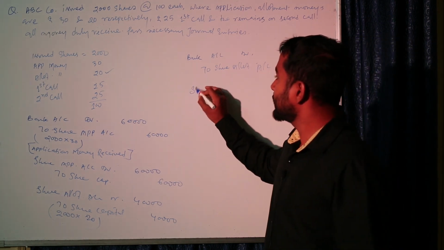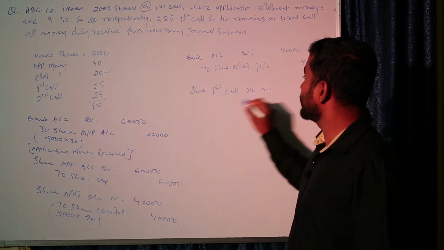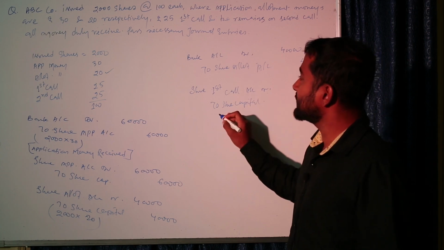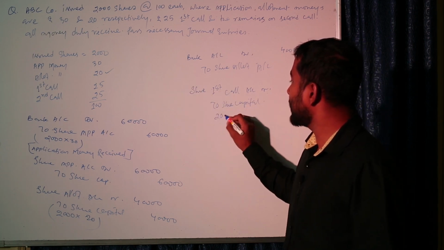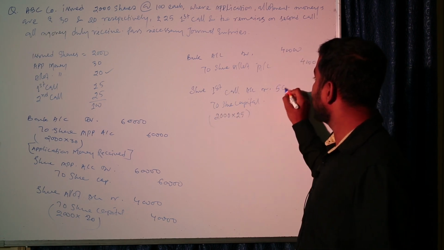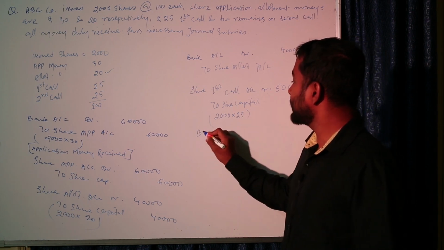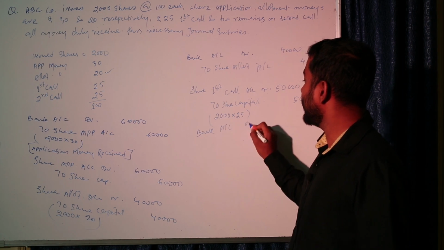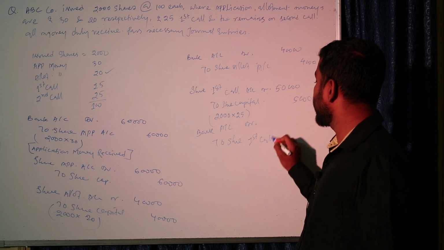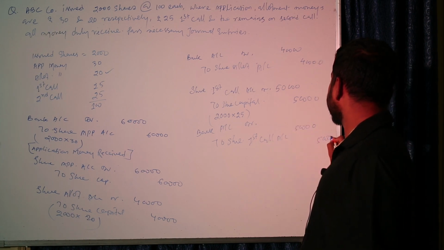So share first call account debit to share capital. The amount is 25 rupees, so 2000 into 25, that is 50,000 rupees. Next the receive entry, simple: bank account debit to share first call account, 50,000 and 50,000.